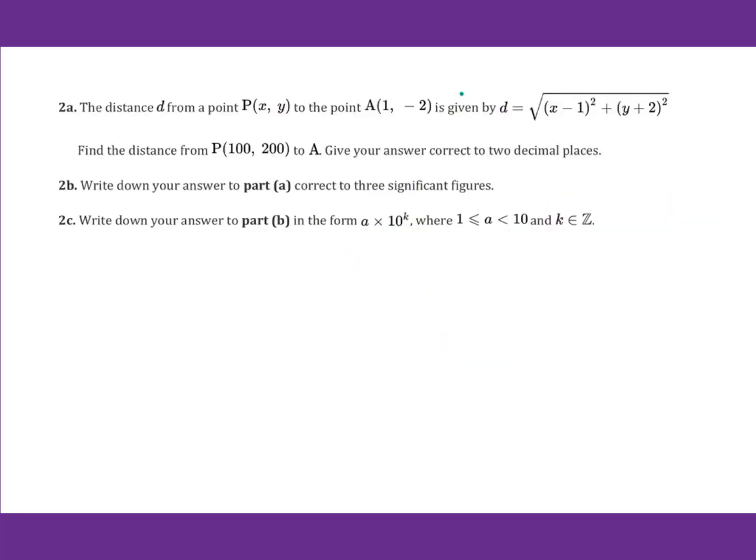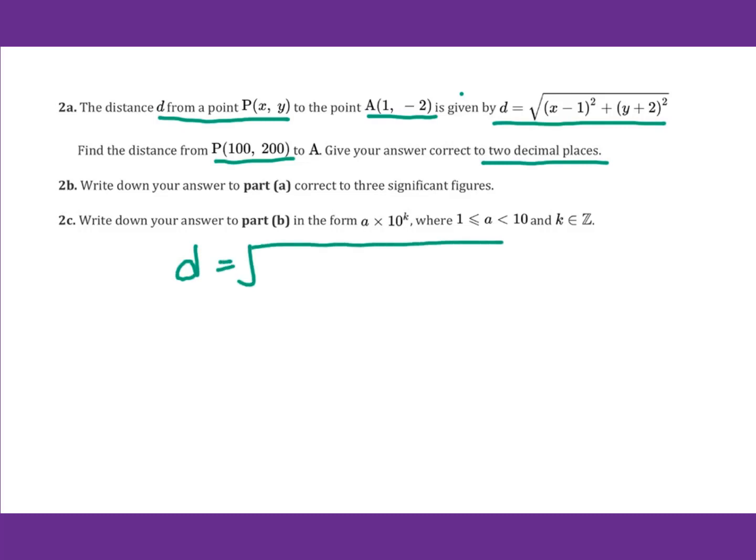The distance D from the point P(x, y) to the point A(1, negative 2) is given by this formula. Find the distance from P(100, 200) to A. Give your answer correct to 2 decimal places. We plug into this formula. We have 100 minus 1 squared plus 200 plus 2 squared.